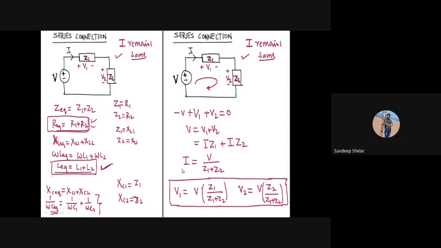Then the concept of series connection and parallel connection. Any questions regarding series connection with respect to impedances like resistance, inductance and capacitor to find out equivalent impedance? Any questions regarding series connection?